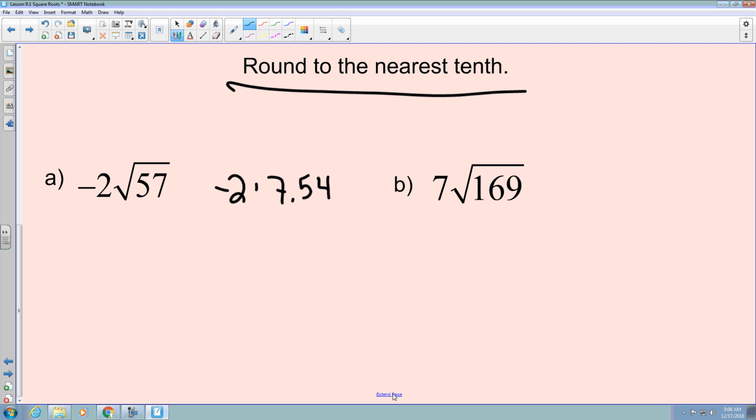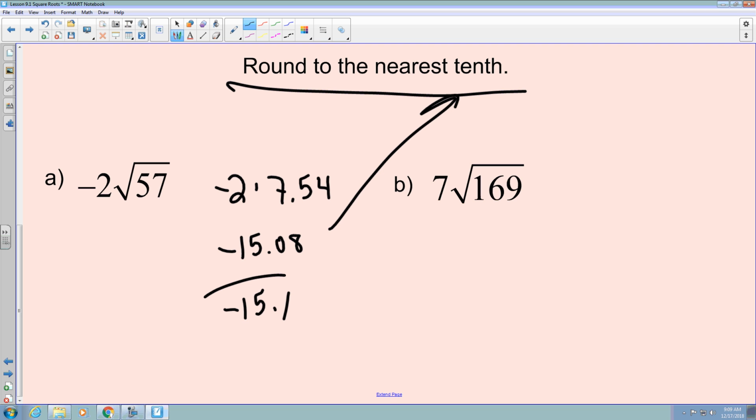And so 7.54 times -2 is negative 15.08, but because they want to the nearest tenth, we'll just say it's negative 15.1 approximately.